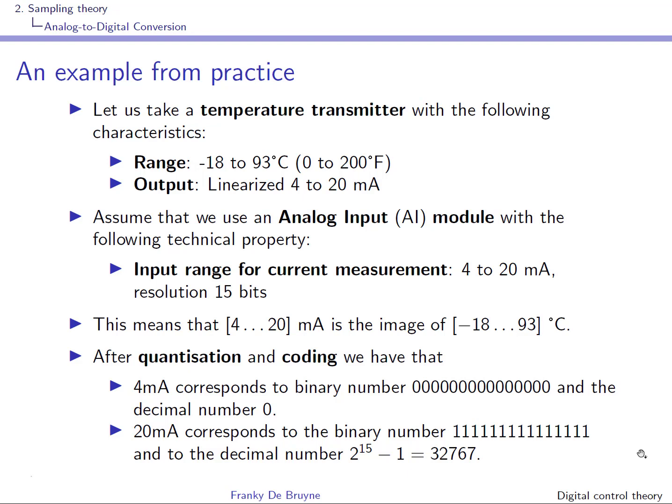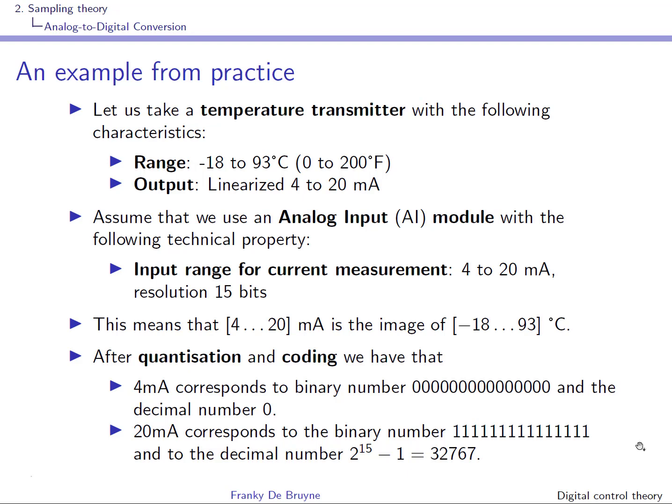We will assume here that we're using an analog input module that measures the current, the 4 to 20 milliamps, with a resolution of 15 bits. This means that these 4 to 20 milliamps that are measured are the image of the temperature that varies in the range from minus 18 to 93 degrees Celsius.